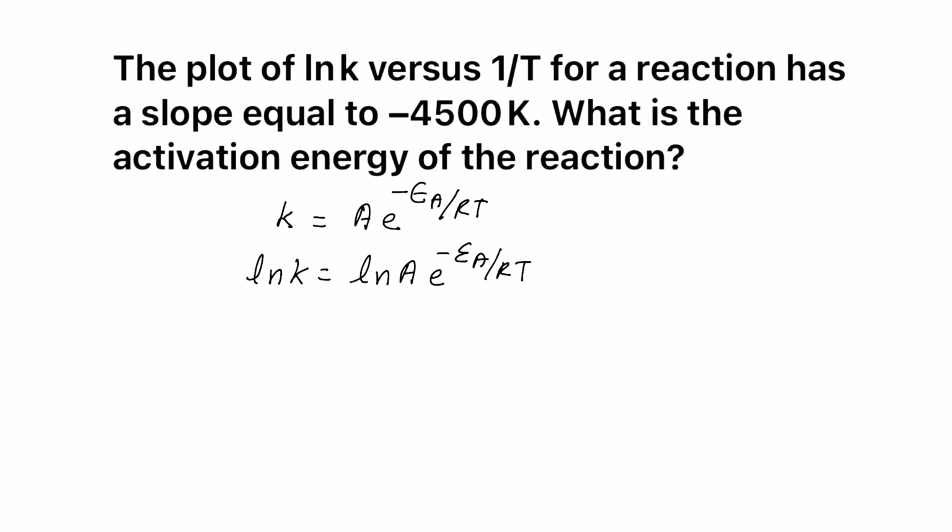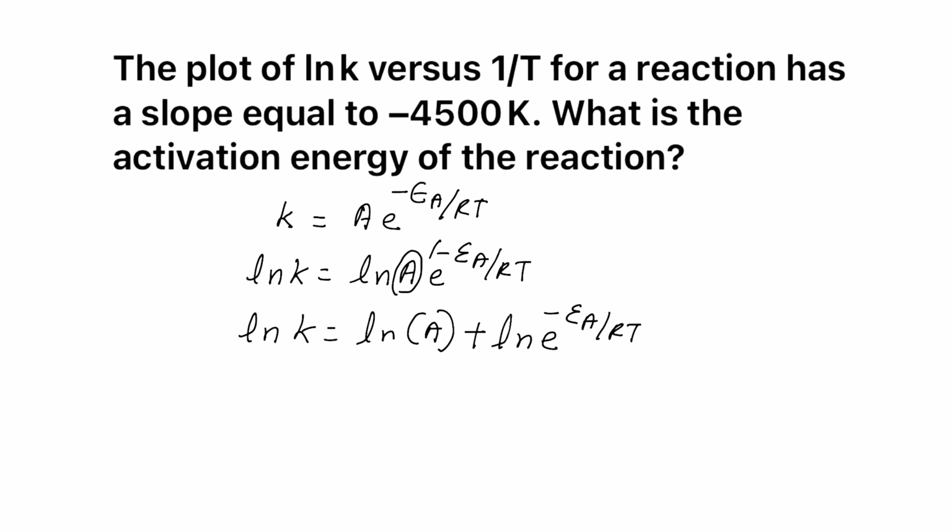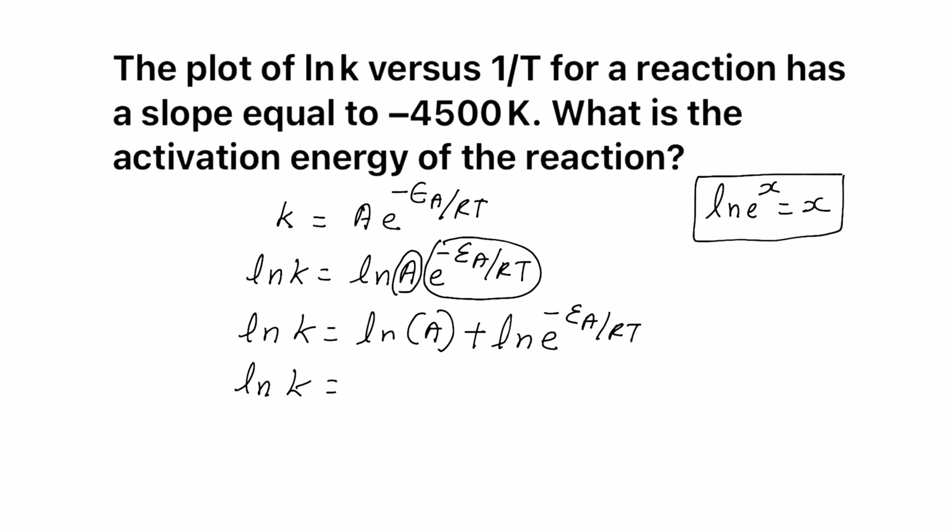Correct, right? Now, on the RHS part, use the rule of log. Log AB is log A plus log B. Here this is A and this is B. So log AB is log A plus log B. Now log K is equal to log A. Log e raised to X is X, that is another rule you must know.